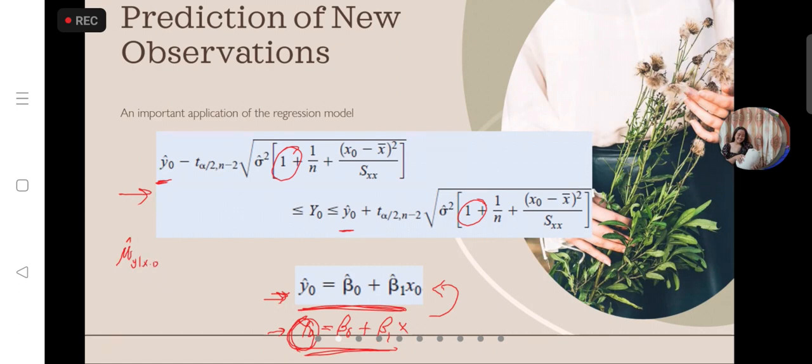So instead of using this symbol, we use y hat 0, since y hat 0 is what we used for solving. Same idea, we will still be substituting the value of x0 in our regression model to solve for y hat 0.